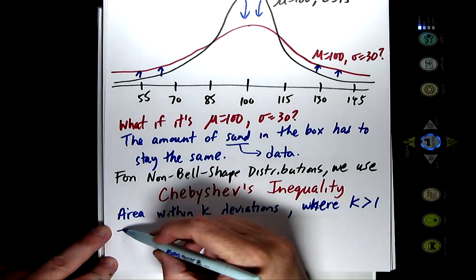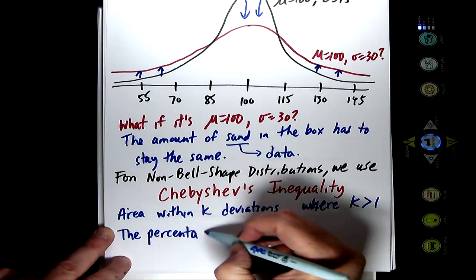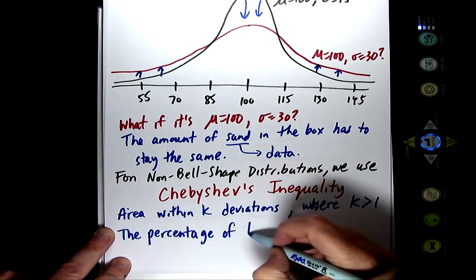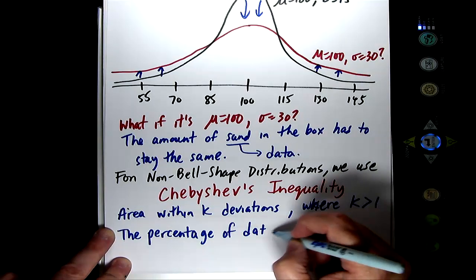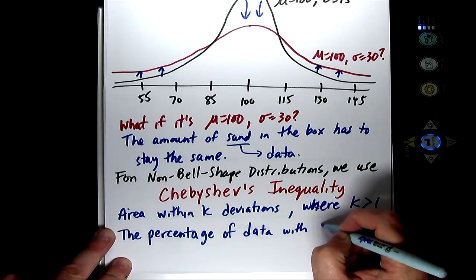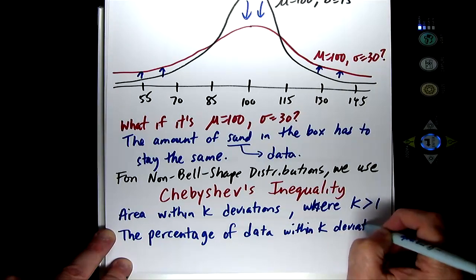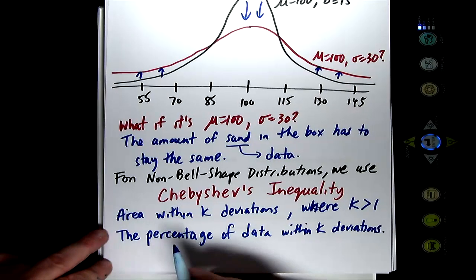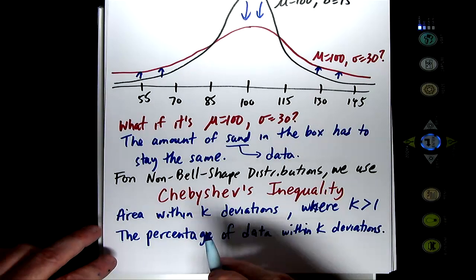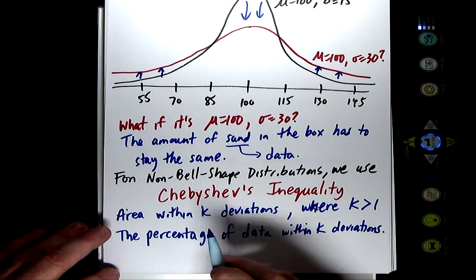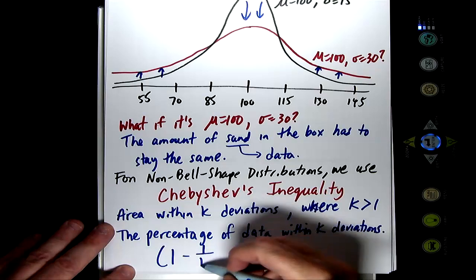The percentage of data within K deviations is 1 minus 1 over K squared.